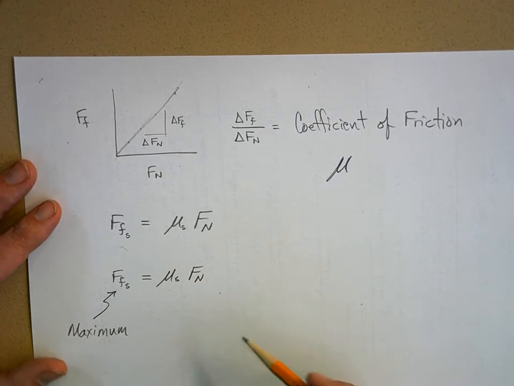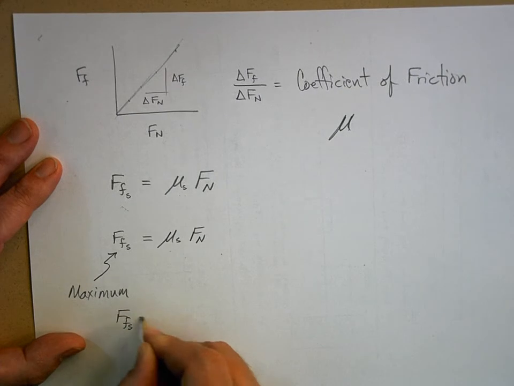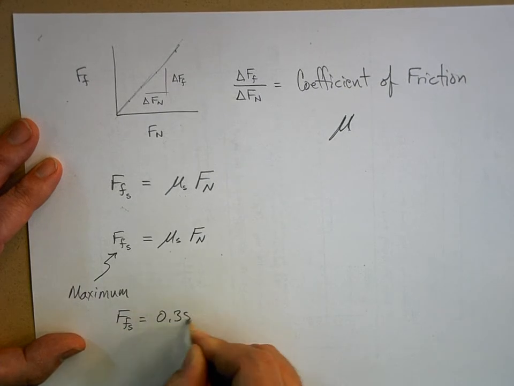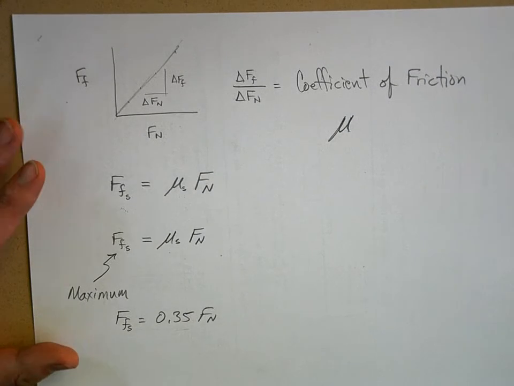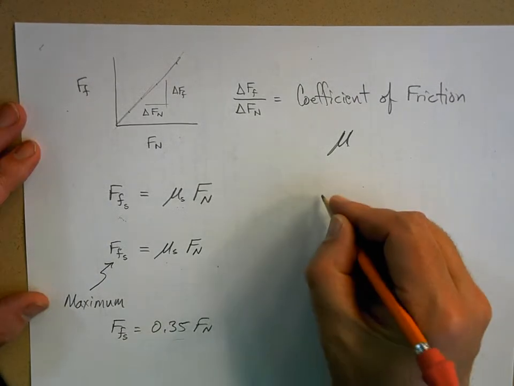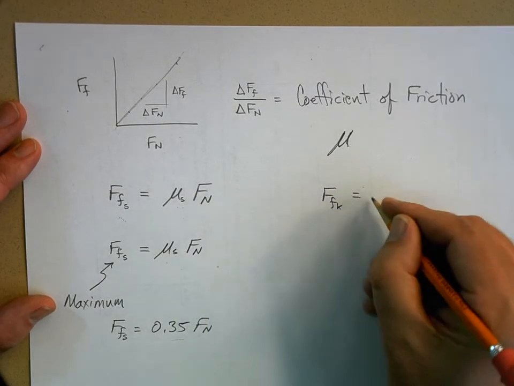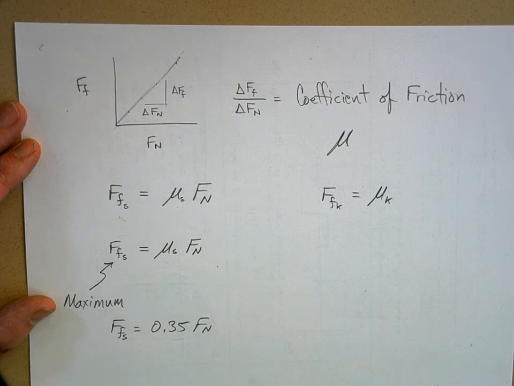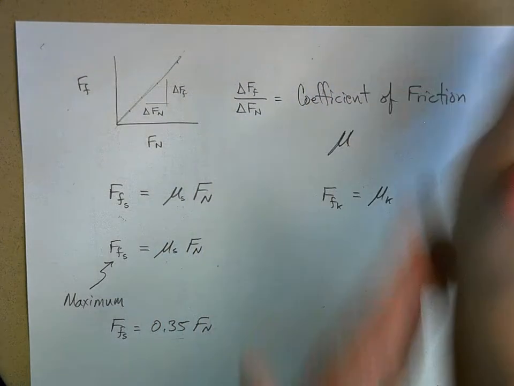Now what did we get? We got our force of static friction was 0.35 times the normal force. So this was the coefficient of static friction between your tabletop and the paper envelope that you slid the weights across. Now we have a force of kinetic friction. That is, the two surfaces are sliding with respect to each other.